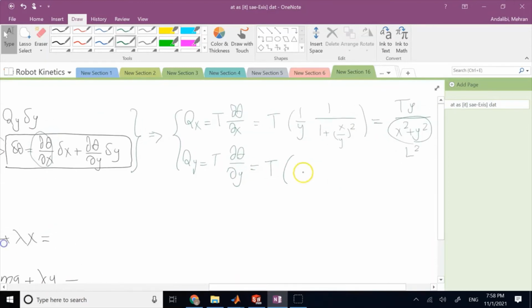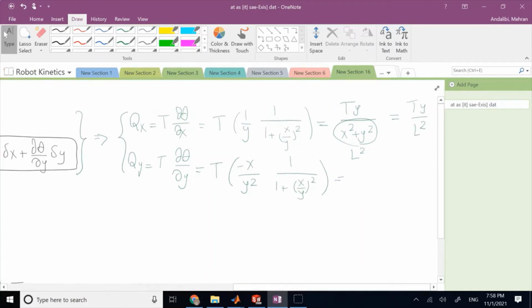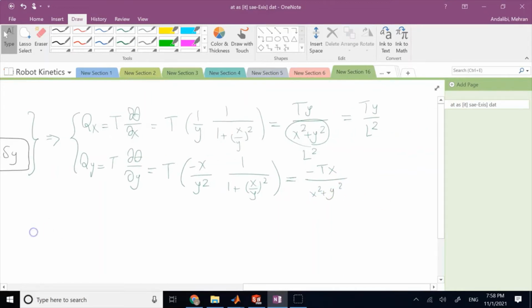And this one is going to be t times partial with respect to y. It is going to be negative x over y squared, and then again times 1 over 1 plus x over y, the whole thing squared. If you simplify this one, it is going to be negative tx over x squared plus y squared, and if you replace x squared plus y squared with L squared, it's going to be negative tx over L squared.